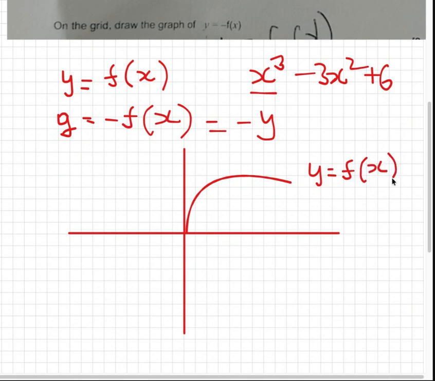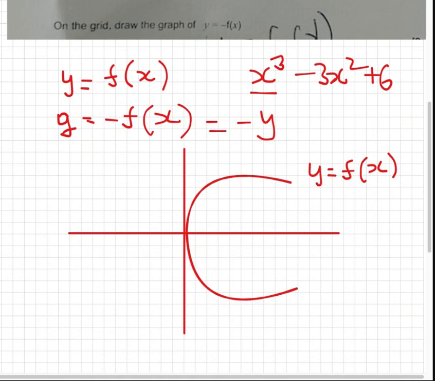Now what happens if I keep all the x values the same, but I substitute the value on the y-axis as negative y, because negative y is nothing but negative f(x)? That means x is always the same and y is flipping over. Flipping over means I'm going to get a reflection of this function.